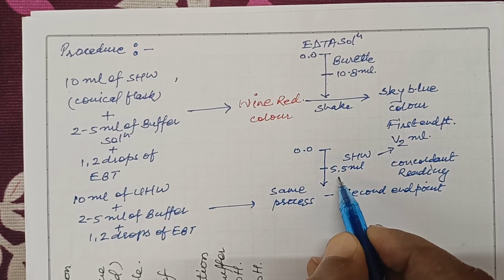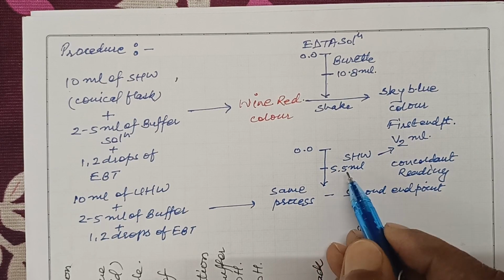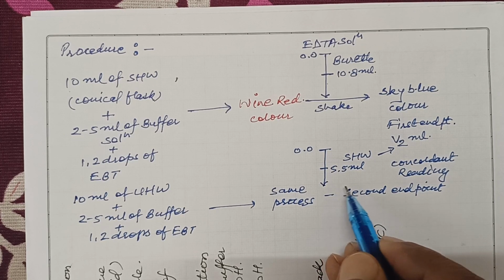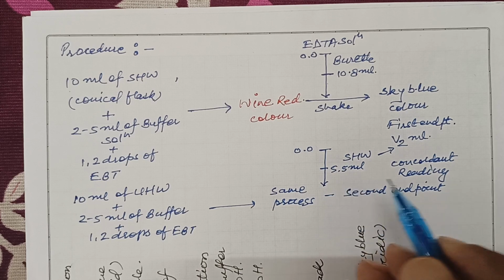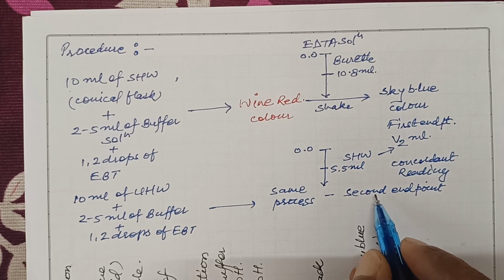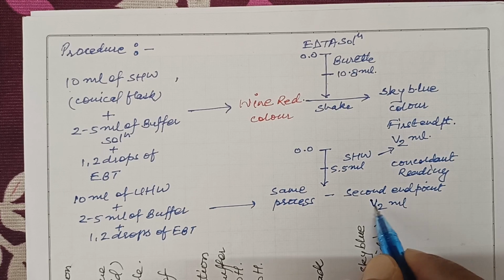So this would be the endpoint, and we have to confirm this 5.5 ml reading once again in a second step, and if we get consecutively the same reading 5.5 ml again, we get the second endpoint, which is called the endpoint for unknown hard water, V3 ml.